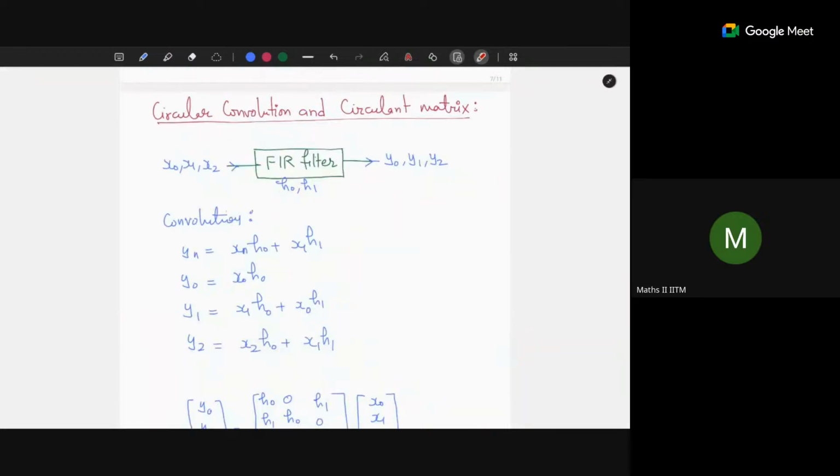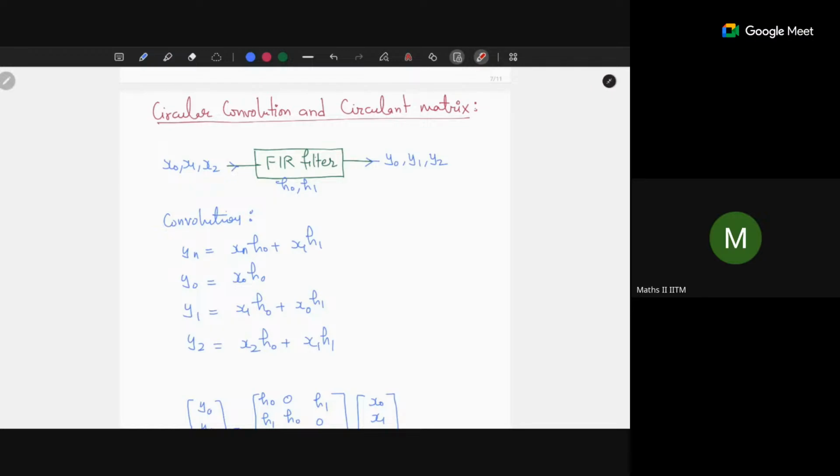Okay. So circular convolutions, and what is the circulant matrix? It is based on this example that you might have already seen in the lecture. This is one of the applications in signal processing, where you have this FIR filter, a finite impulse response filter. The input signal comes in from one end, and on the receiving end you have the output signal coming out.